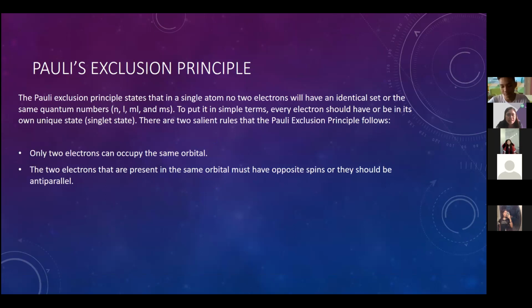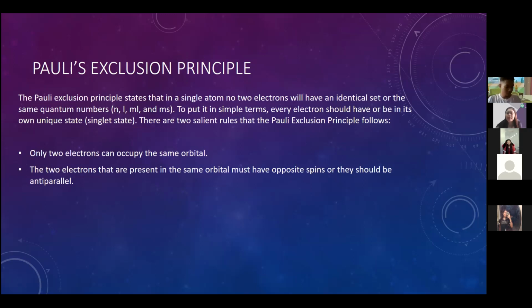Just like sa Pauli's exclusion principle. When you say Pauli's exclusion principle, it states there that no two electrons have the same set of quantum numbers. So for example, sodium and potassium, hindi sila magkakaroon, class, ng the same set of quantum number.